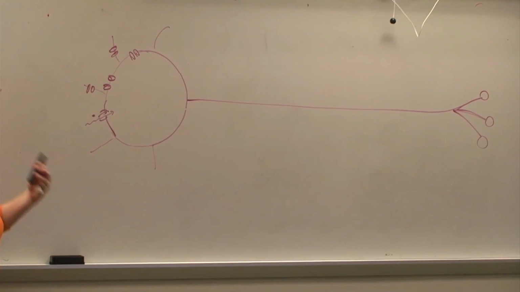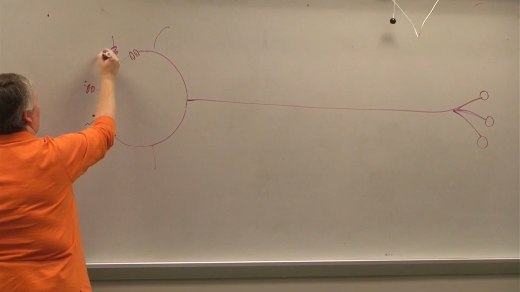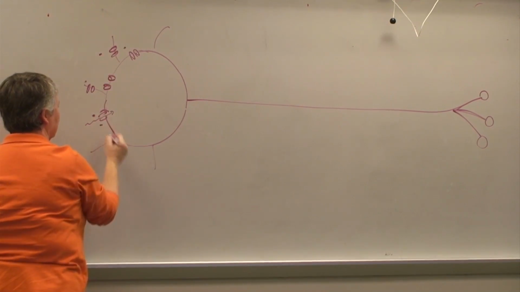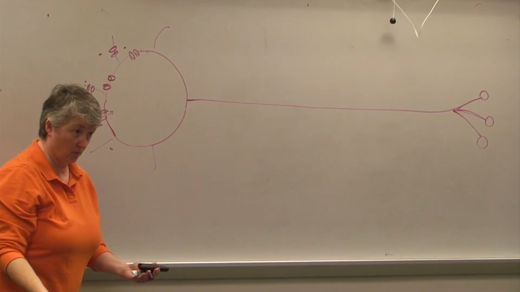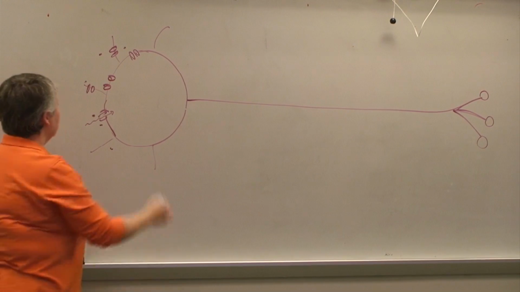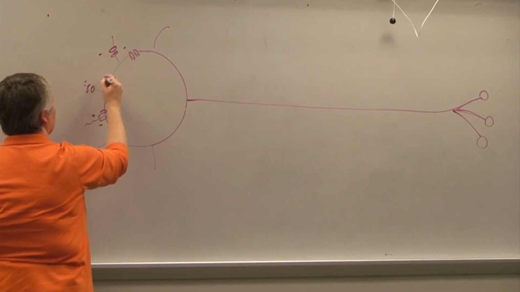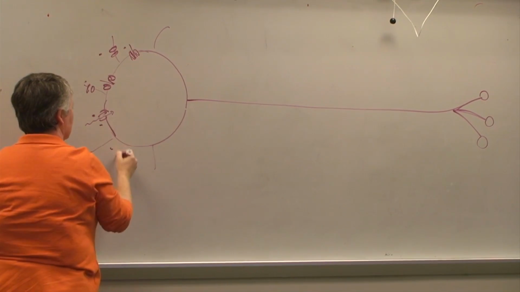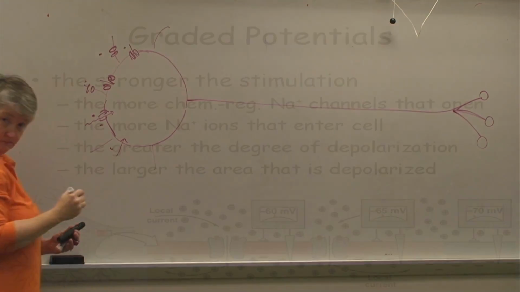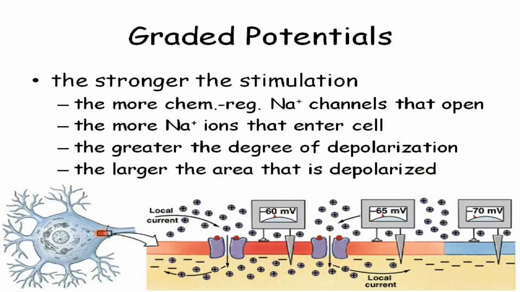But if I have a strong stimulus, if I release a whole bunch of this particular chemical, whatever chemical causes these channels to open, then I'm going to have a lot of these channels open, and a lot of sodium running in. And that's what we mean by the potential being graded, because it changes size: how much depolarization is produced is based on how strong the stimulus is.